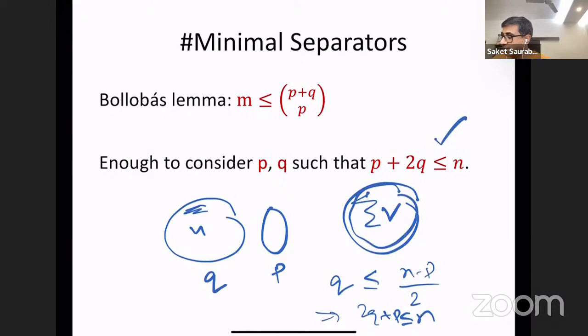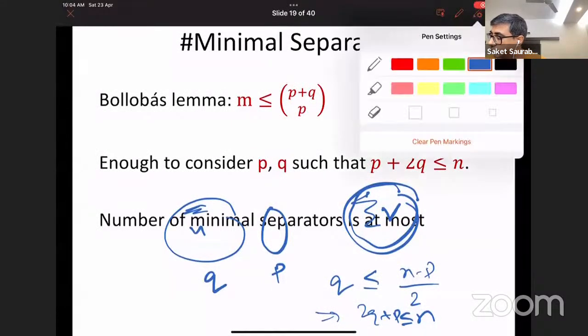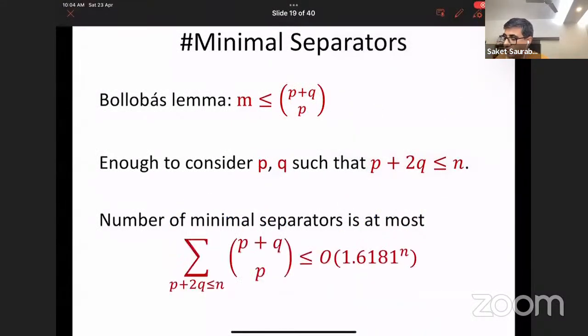So now if you maximize everything, the number of minimal separators is at most the sum over P plus Q choose P, where P plus 2Q is at most N, and you get this number.